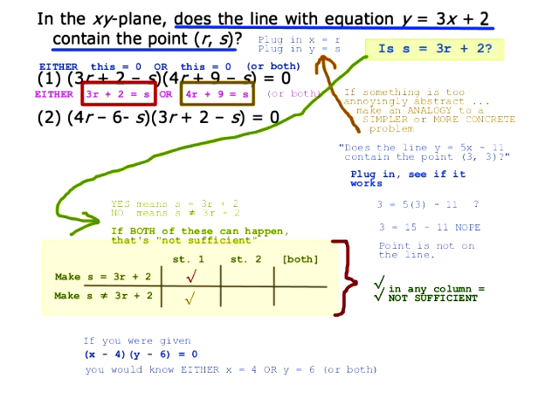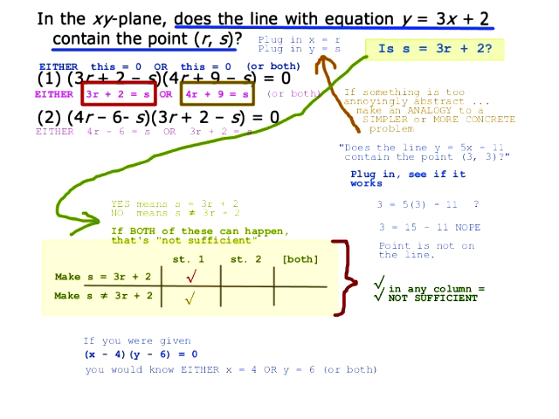Statement 2 is going to work in pretty much exactly the same way. Statement 2 is going to mean that either 4R minus 6 is S, or 3R plus 2 is S. So that's going to check off boxes.